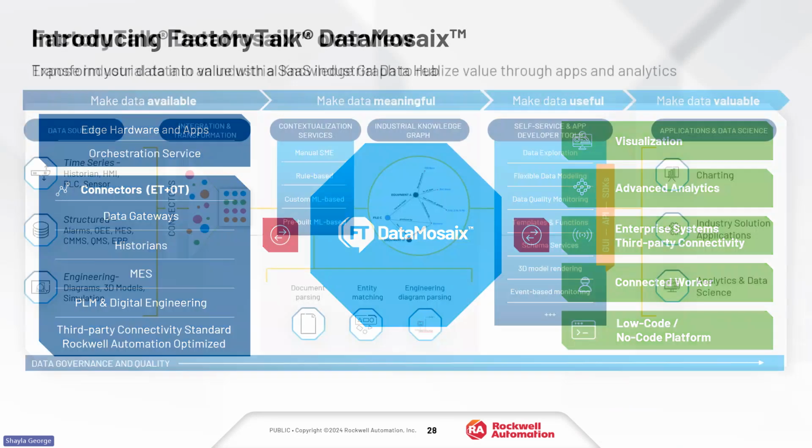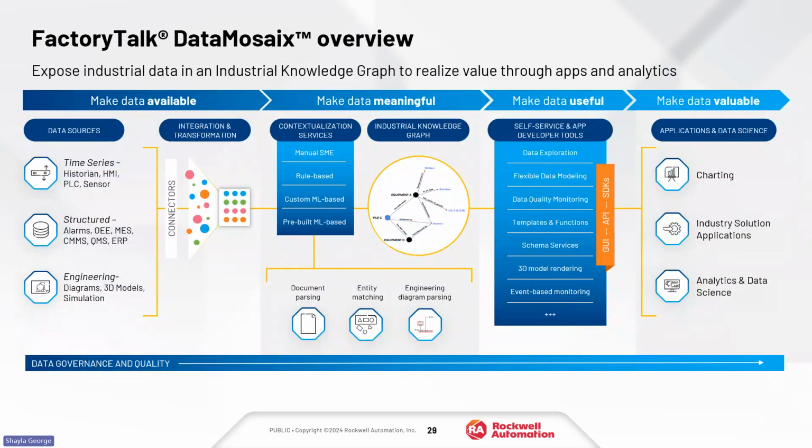To break that down a little bit, it's really broken up into making the data available, making it meaningful for humans, making it useful for the application, and then making it valuable. Making the data available refers to those data sources.